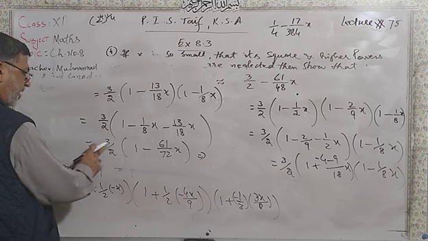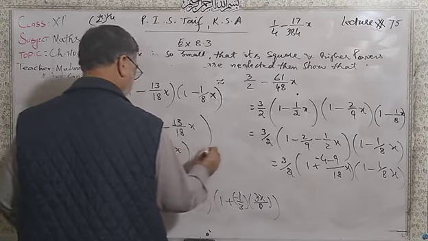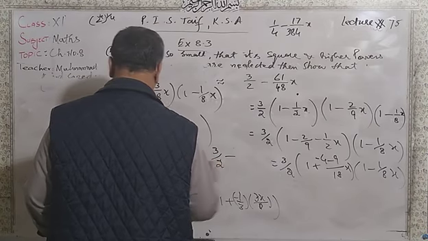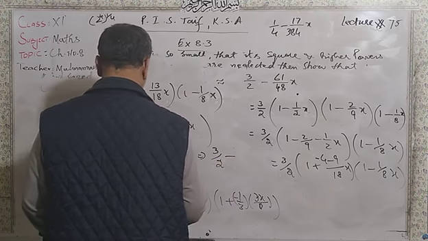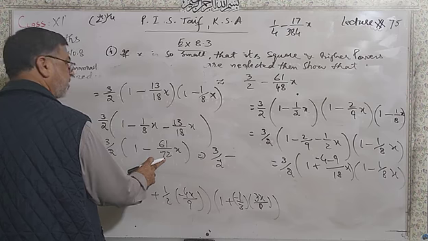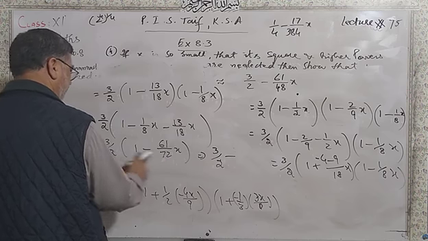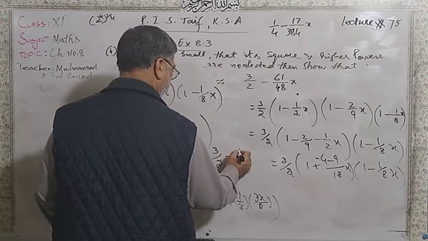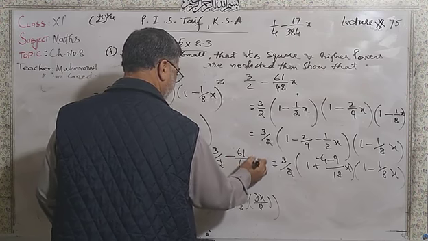Then multiplied by 3 by 2. 3 can cancel this number and then multiplied by 2, we have 61 over 48x.